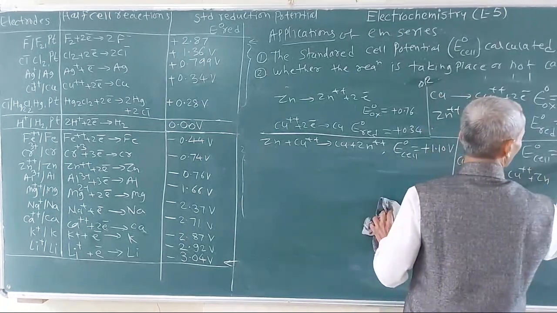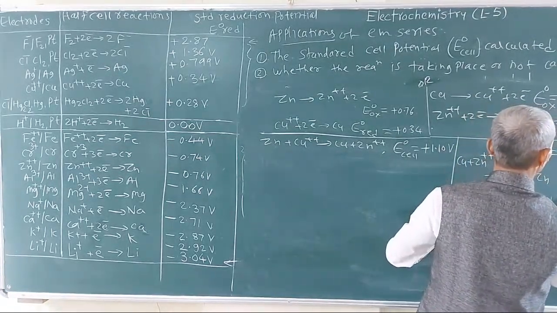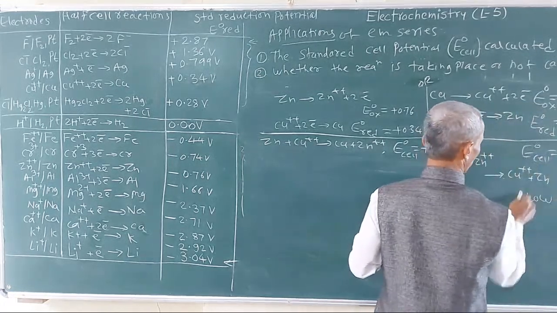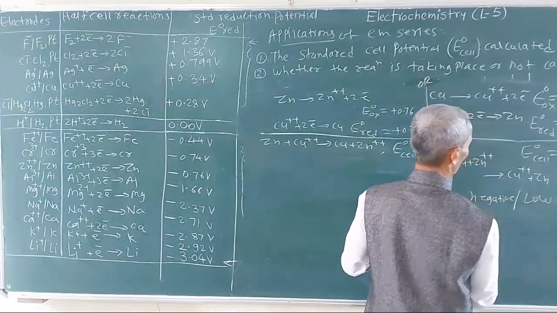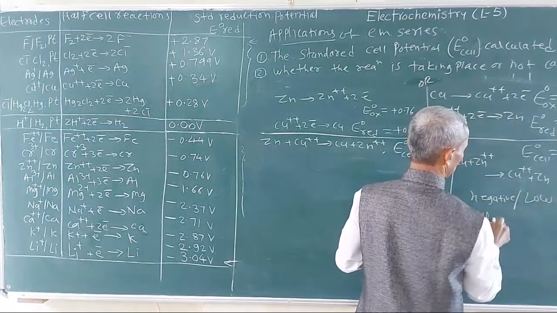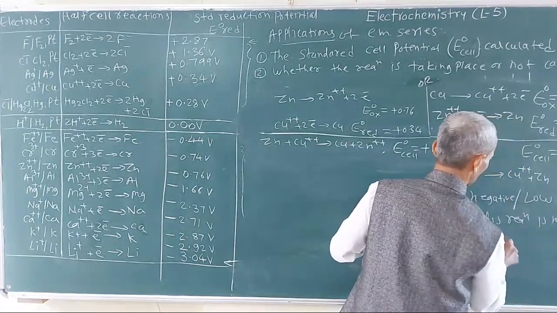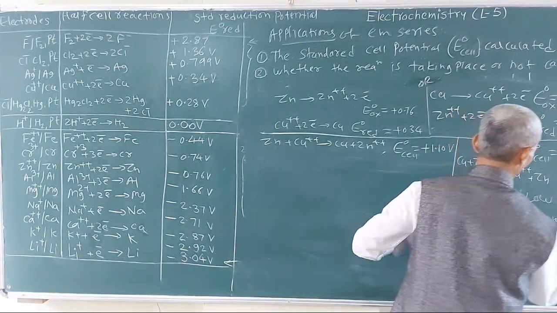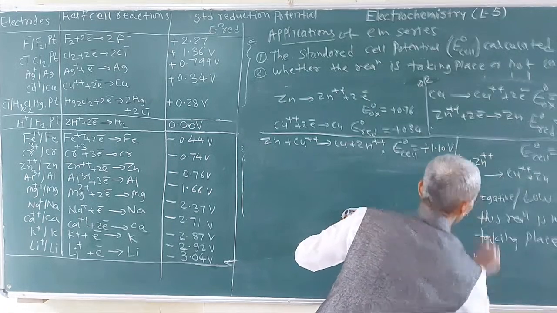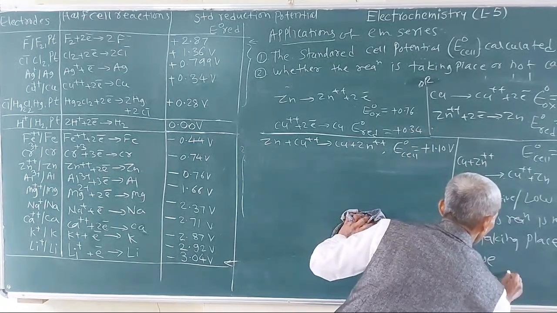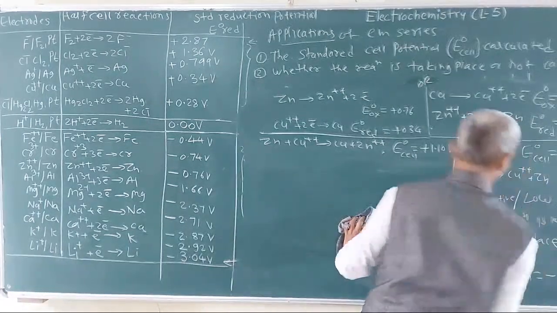So here, as you know, it is a low value, a negative value. That means this reaction is not taking place, because E of the reaction is equal to minus 1.1 volts.